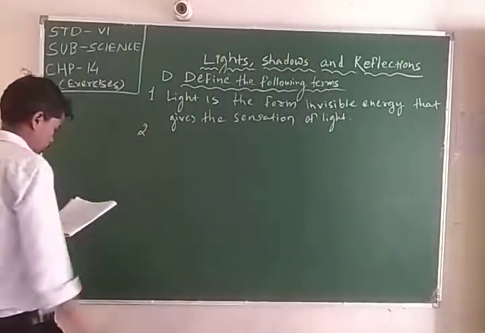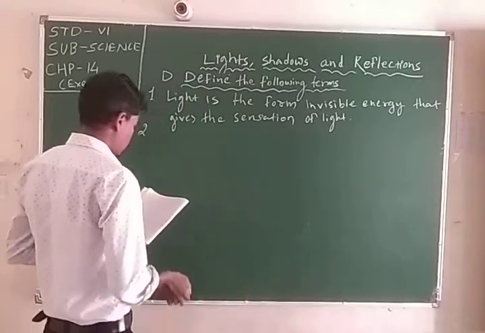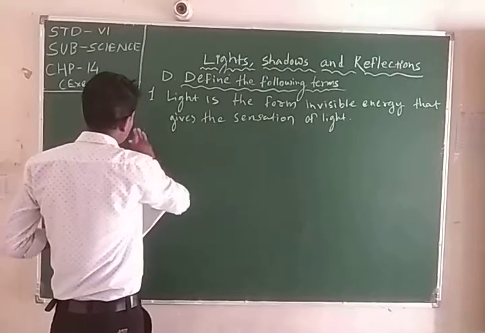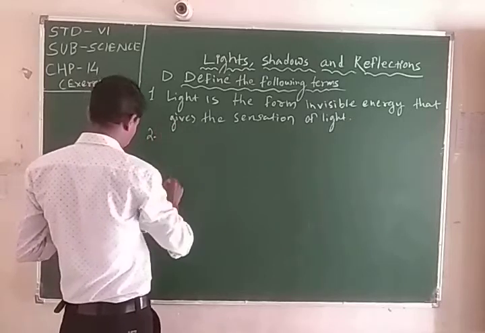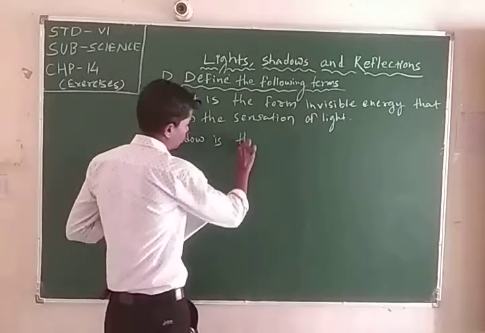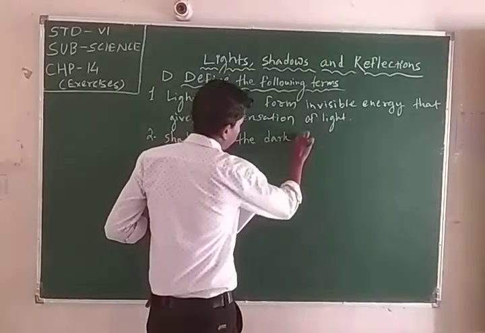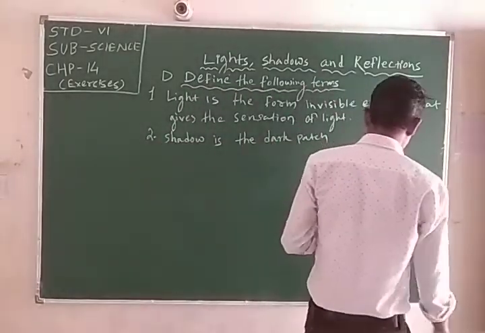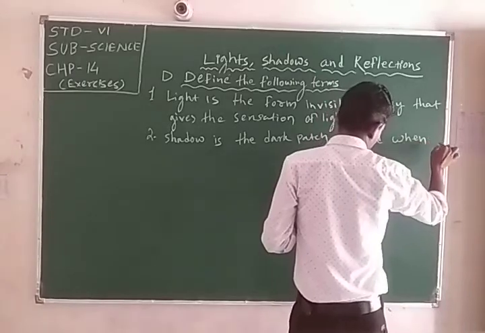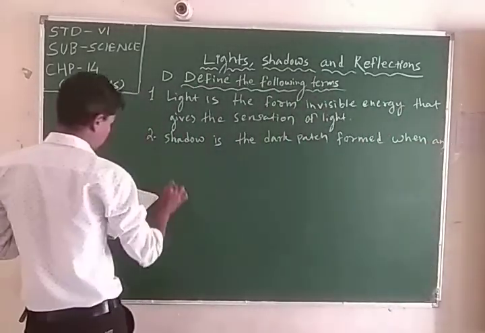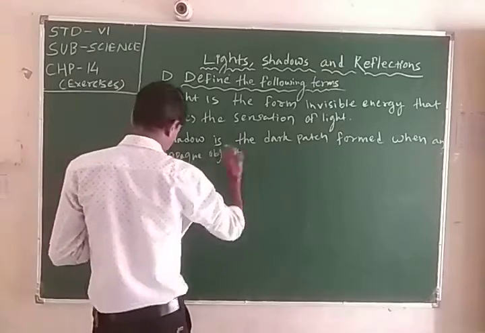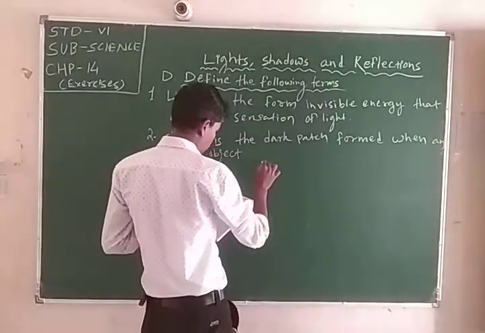Next, number 2, shadow. Shadow is the dark patch formed when an opaque object blocks the path of light.